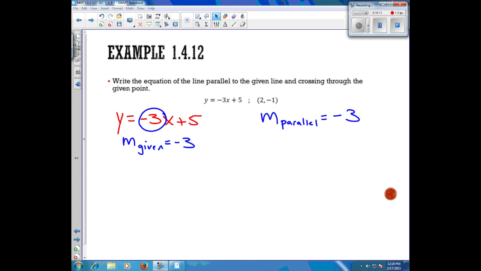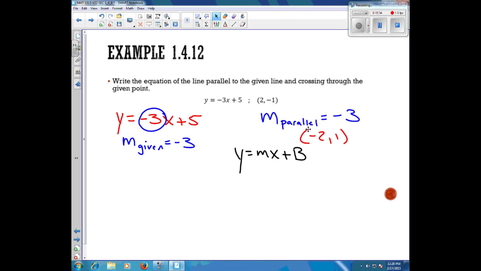So now that we have the given slope and the parallel slope, we're going to use the given point to determine the equation of the line. So our given point is -2 and 1. And so we have the slope and a point. So just like before, we're going to use y equals mx plus b.